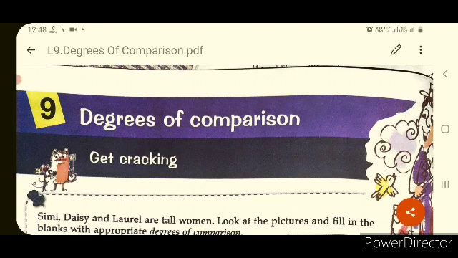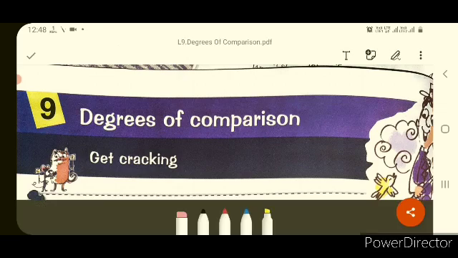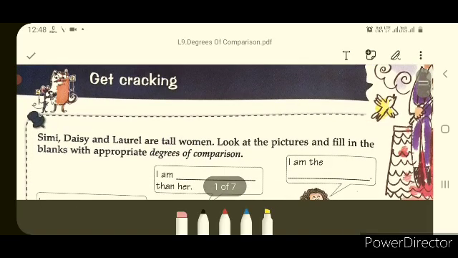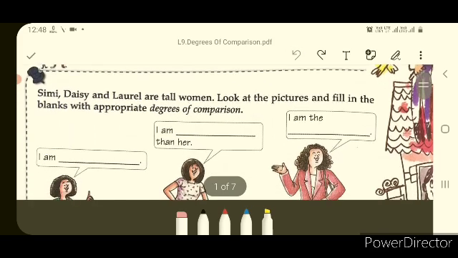Here we go. Now let's begin with the get cracking session as usual in order to understand what is lying ahead in the chapter. I suggest you open your book alongside for better visibility.